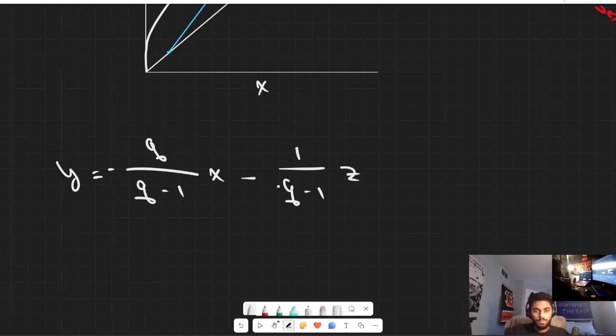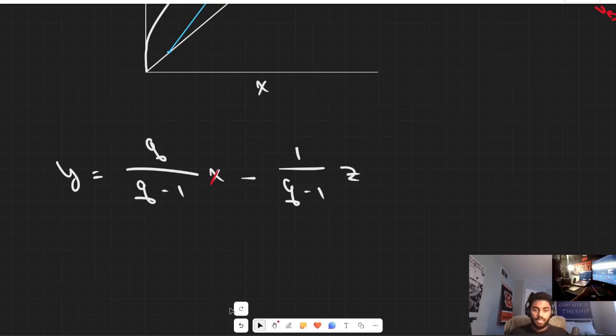That looks right, because now if x equals z, it's q minus 1. Yeah, this looks right. So q over q minus 1 minus 1 over q minus 1, if x is equal to z, like if say this was z, then it would be q minus 1 over q minus 1 times z, and then y equals z. Makes sense.